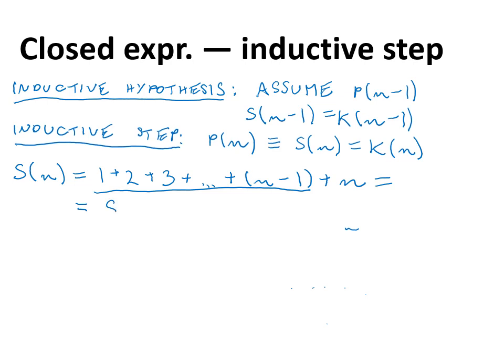So that's equal to S of n minus 1 plus n. Great, so we expressed S of n recursively as S of n minus 1 plus n. Now we can deploy our inductive hypothesis and replace this S of n minus 1 with k of n minus 1. So we get S of n is equal to k of n minus 1, that follows from the hypothesis, plus n.